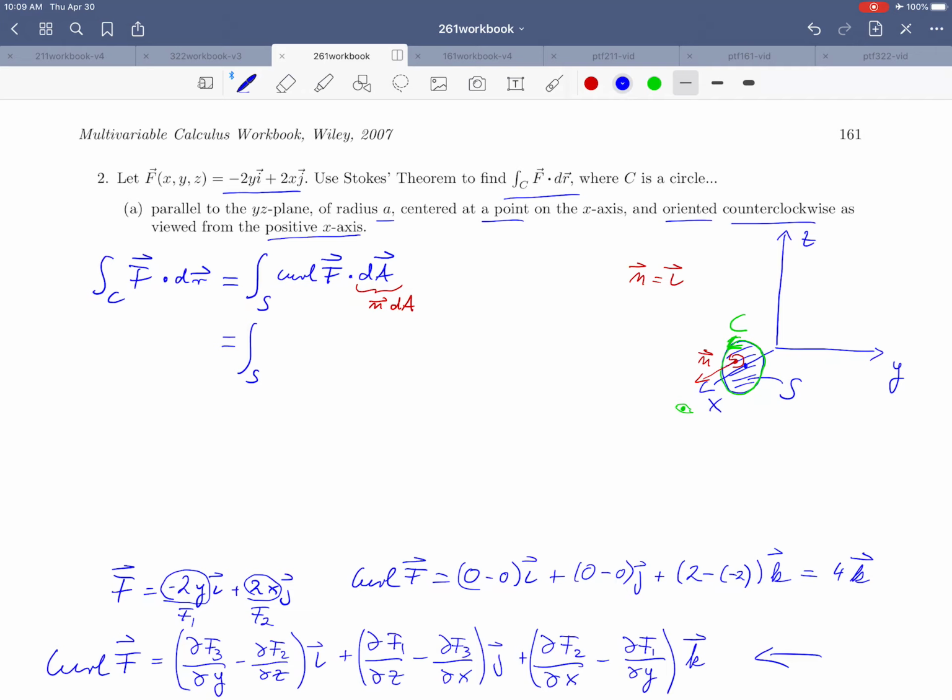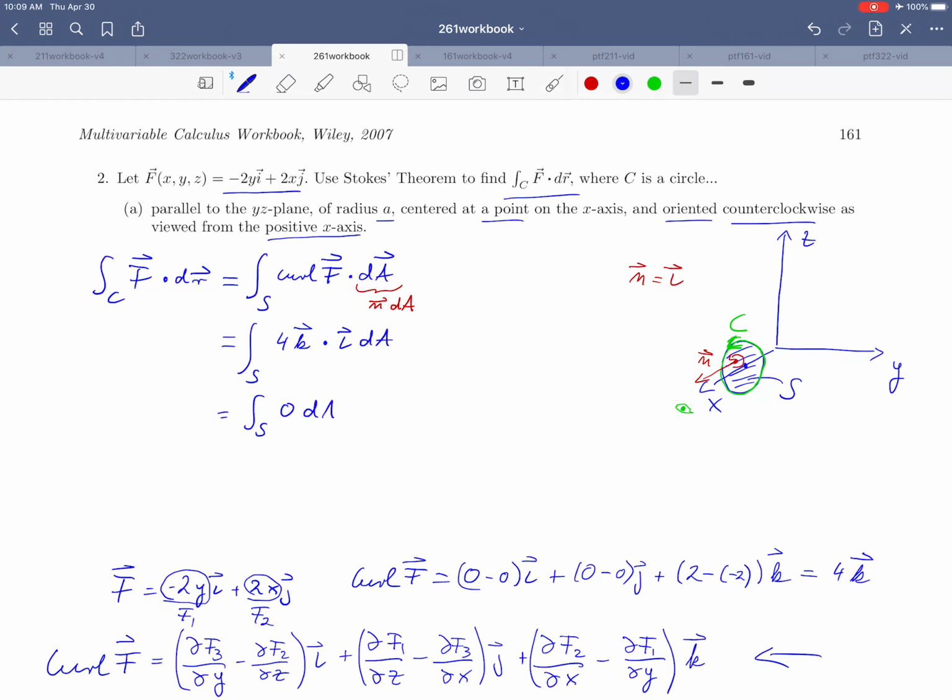So we computed our curl. We can plug it into our integral. We have 4k dotted with n dA, and we decided that the normal vector to our surface n is i. The dot product of 4k with i is 0.